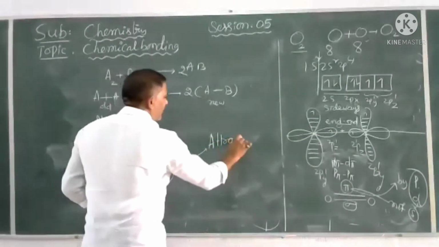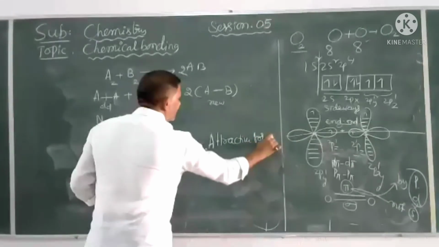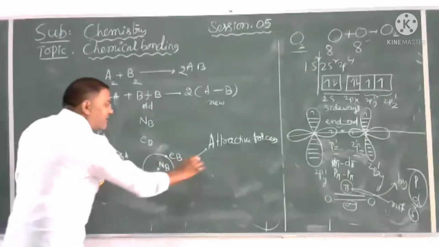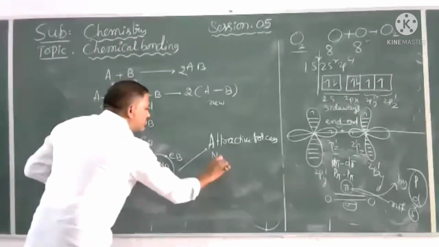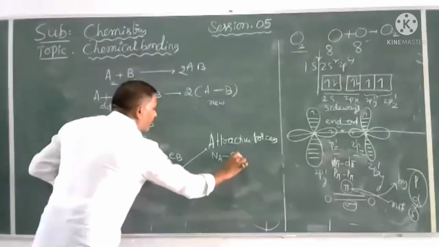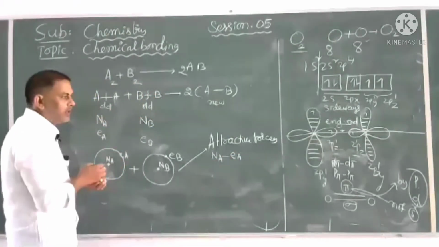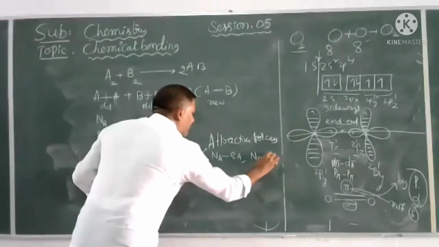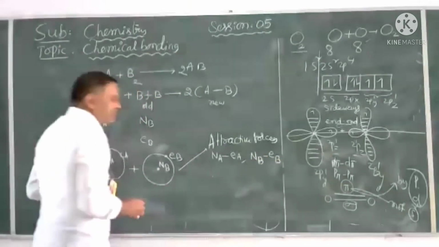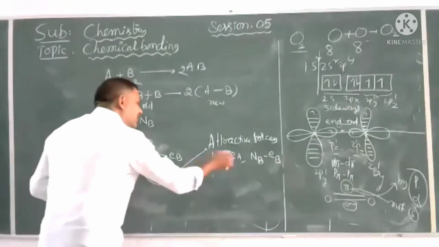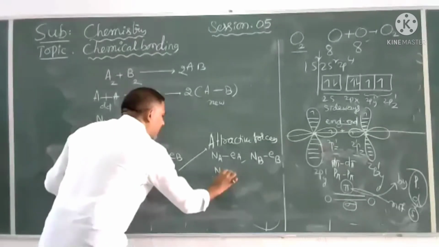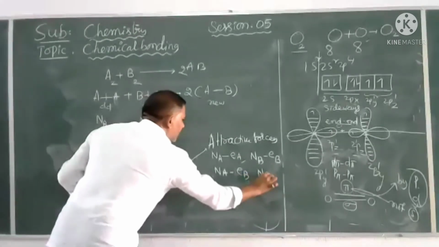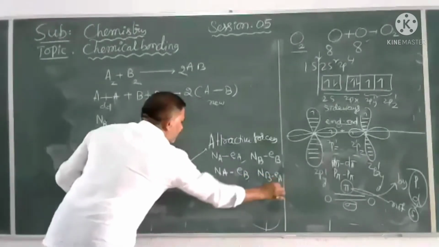Attractive forces exist between the nucleus of A and the electron of A, between the nucleus of B and the electron of B, between the nucleus of A and the electron of B, and between the nucleus of B and the electron of A.